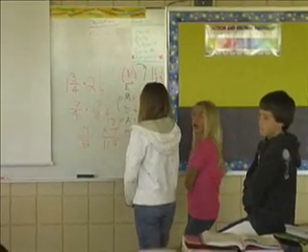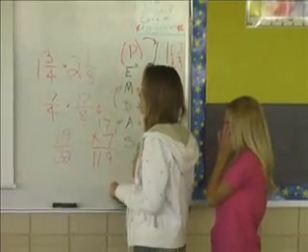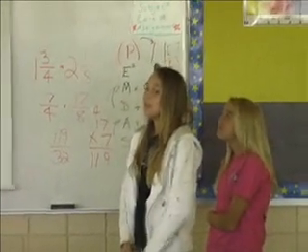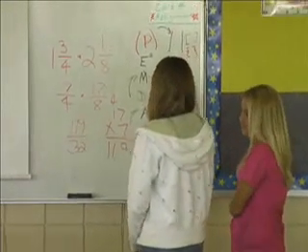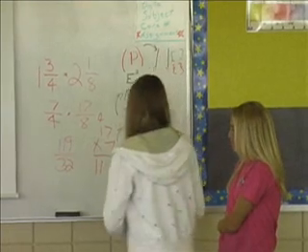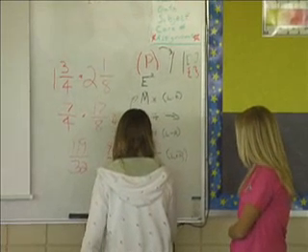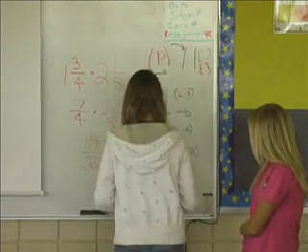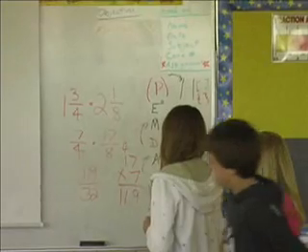Okay. So then now you can make it into a mixed number. So does anybody know what we need to do? Dakota? You need to divide 119 by 32. Yep. So 119 divided by 32, which is 3.